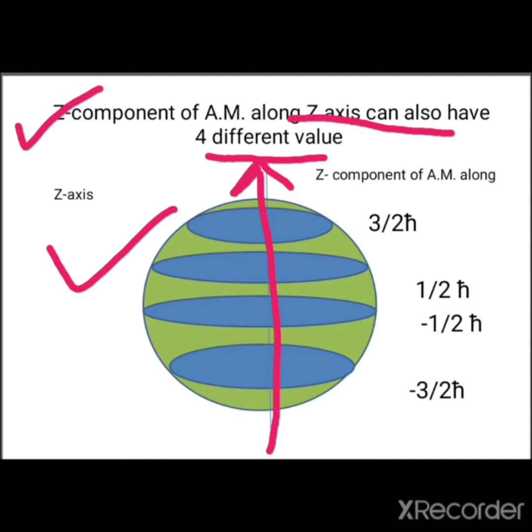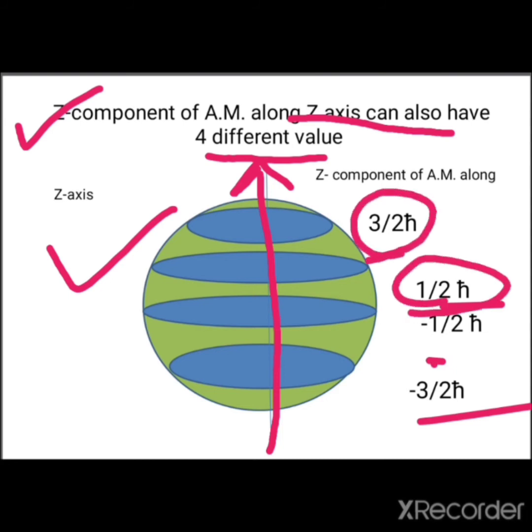Basically, if the nucleus is rotating or has a certain spin in a given direction, then the angular momentum is oriented in a certain direction in space such that the z component is any of these values: 3 by 2 h cross, 1 by 2 h cross, minus 1 by 2 h cross and minus 3 by 2 h cross.